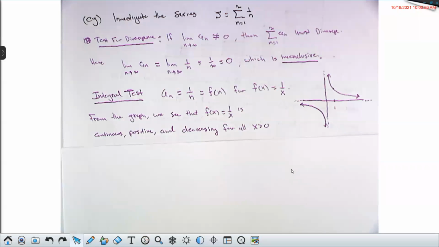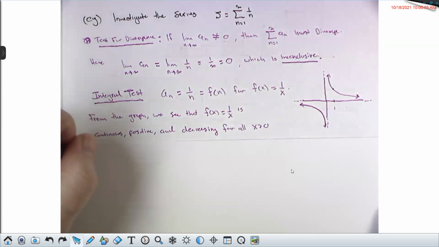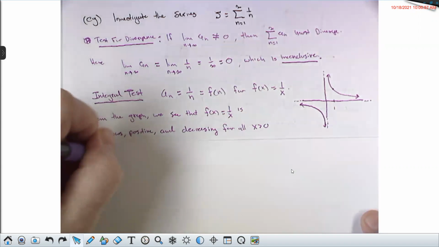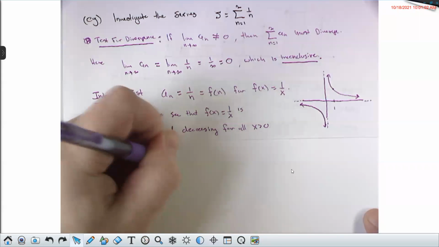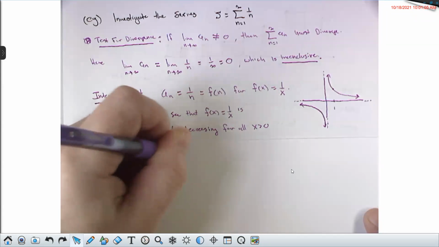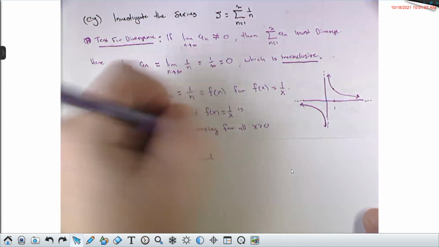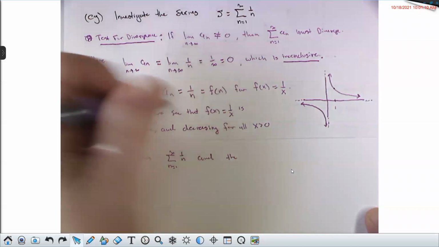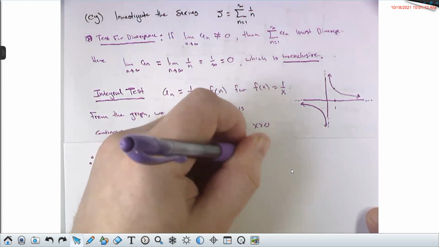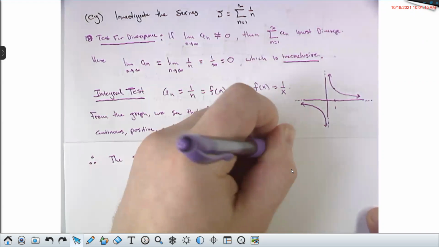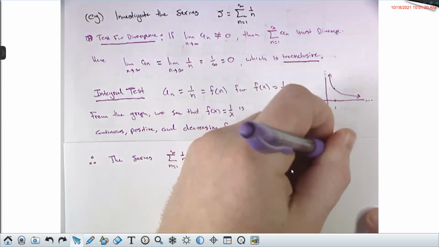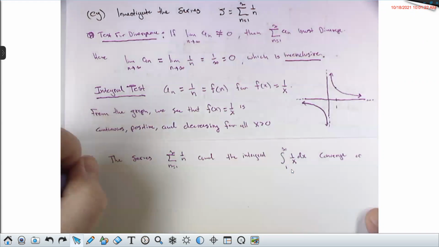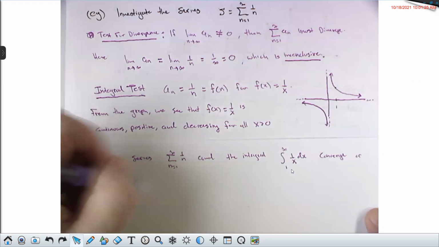So because that function is continuous, positive, and decreasing, therefore, the series sigma n equals 1 to infinity 1 over n, and the integral from 1 to infinity of 1 over x dx do the same thing. They converge or diverge together.